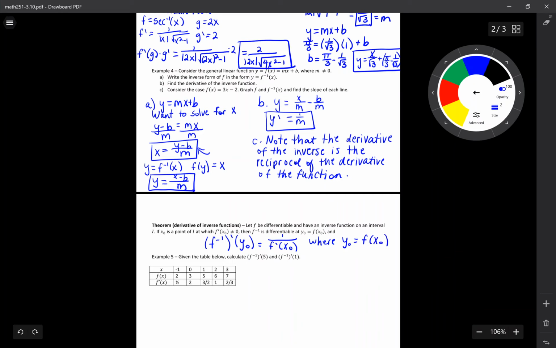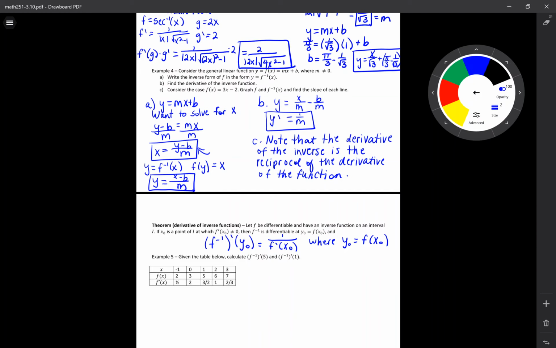So we have to be pretty careful here because this equation is only valid if I'm taking the f inverse prime of y naught. So I have to be very careful with my relationship between x naught and y naught.